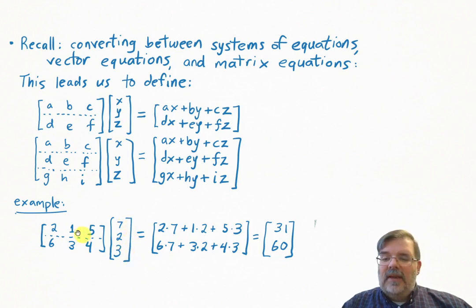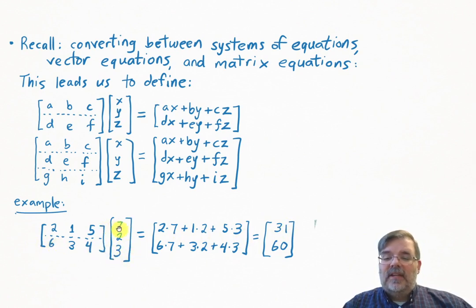Well, to calculate that product, we'd first take this first row, dot with this column. We get 2 times 7 plus 1 times 2 plus 5 times 3. That gives us 31. For the next component, we take the second row, dot with this column vector.